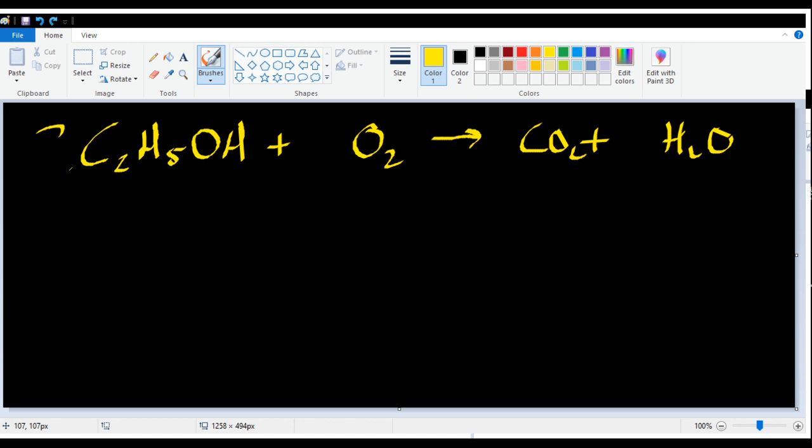Ooh, that's an ugly 2. All right, so we'll need 4 of these, 6 of these. 8 plus 6 is... Oh, no, we don't need to do that. All right, so 2 of these, 2 of these, 3 of these. 4 plus 3 is 7, so we need 3 of these.